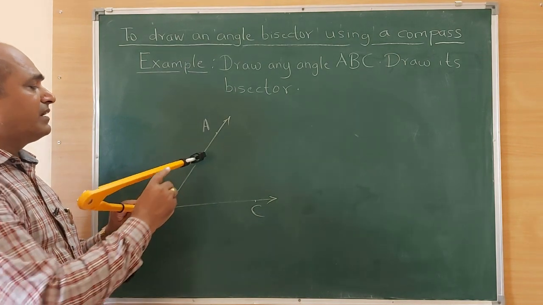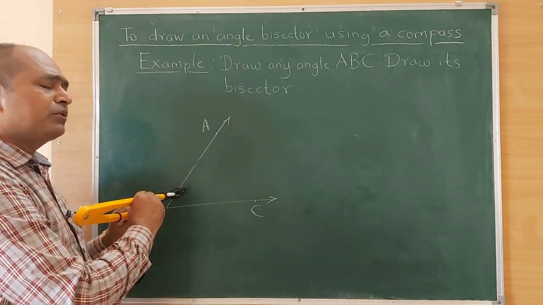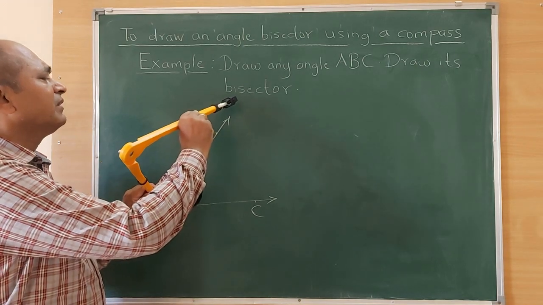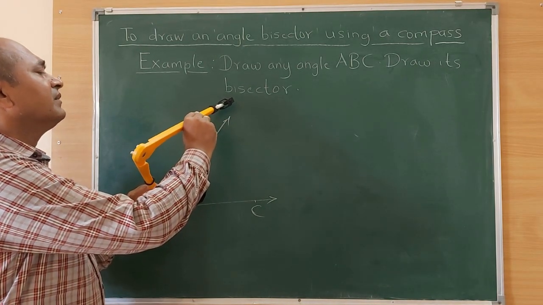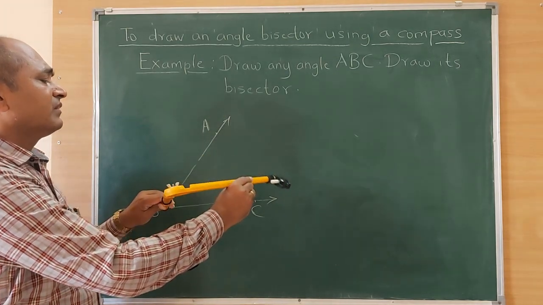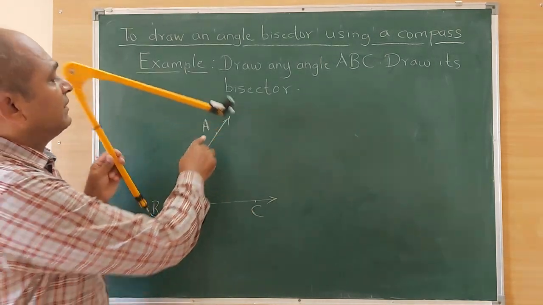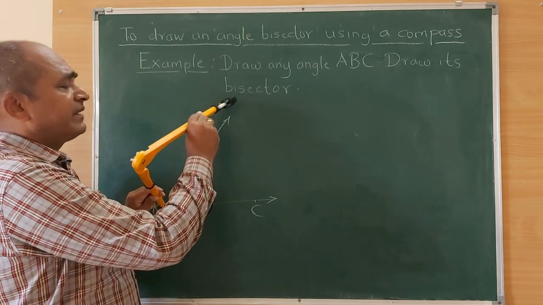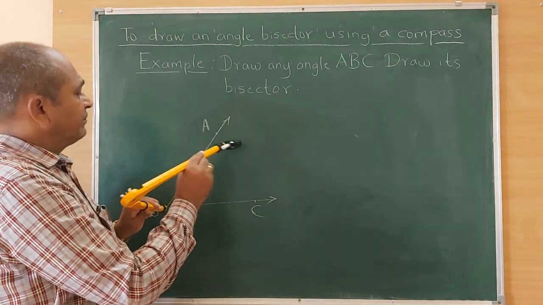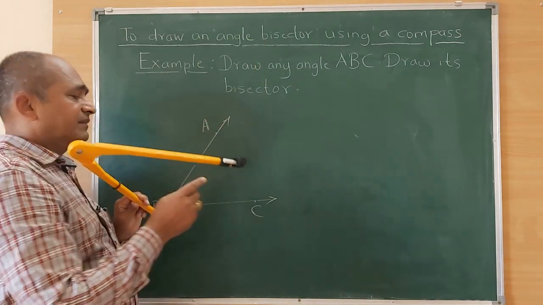Convenient distance means it should not be too small or too big that it will go beyond the arrowheads of the two arms, because again you have to extend them.